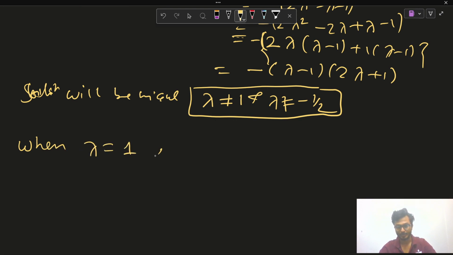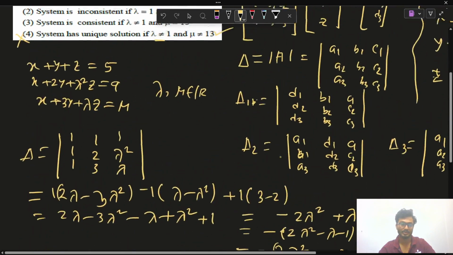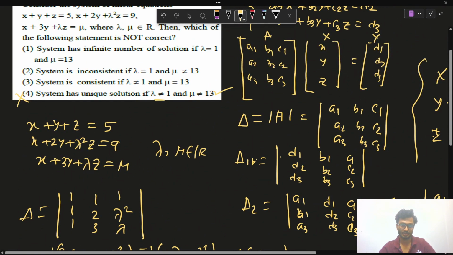Then delta will be 0. Now if some delta 1 is non-zero, then we will say that this system is inconsistent. So for the first case, mu is 13.